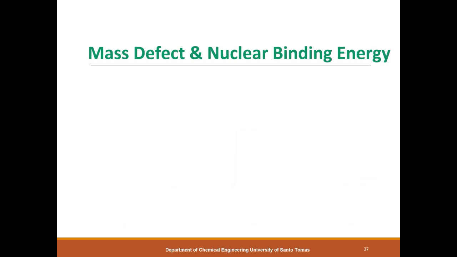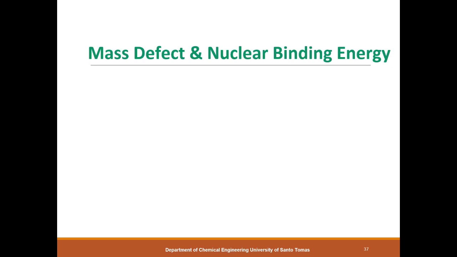Relativity theory tells us that the loss in mass shows up as energy or heat given off to the surroundings. Thus, the formation of fluorine-19 is exothermic. Einstein's mass-to-energy equivalence relationship states that E is equal to mc squared, where E is energy, m is mass, and c is the speed of light.